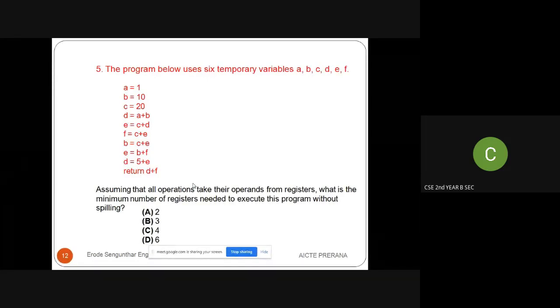Okay, for example, consider this instruction itself. Here a value is 1, b value is 10 and c value is 20. So d value, what does it indicate? a plus b, that is 1 plus 10, 11. So d value is 11. We have to save the d value temporarily in a register for a particular period of time. Similarly, c plus d.